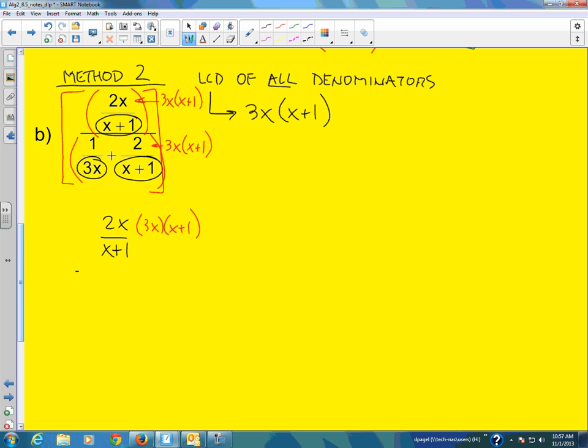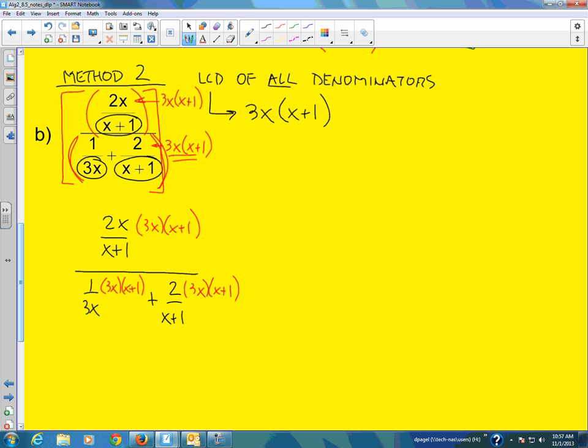And then on the denominator side, I have a 1 over 3x getting multiplied by 3x times x plus 1. And then I also have a 2 over x plus 1 that's getting multiplied by 3x times x plus 1. So I'm just distributing this into that binomial down there.